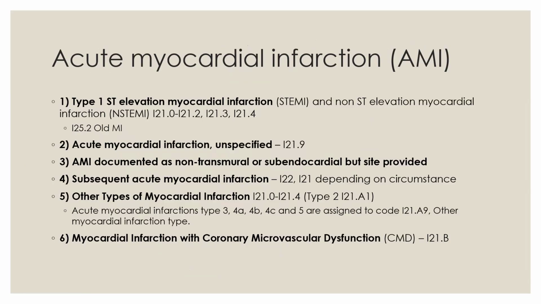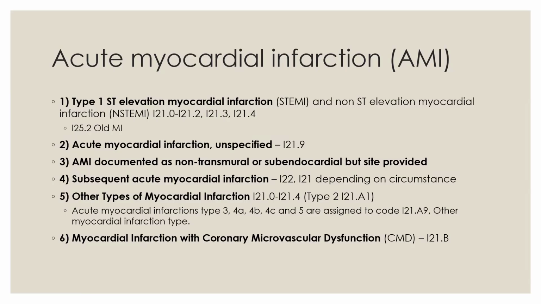The codes for type 1 acute myocardial infarction identify the site, such as anterolateral wall or true posterior wall. Subcategories I-21.0 through I-21.2 and code I-21.3 are used for a type 1 ST elevation myocardial infarction, or STEMI.